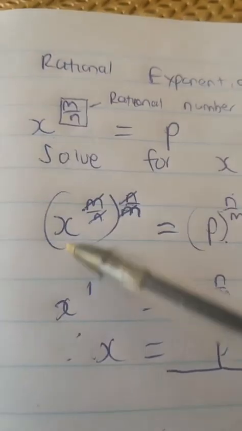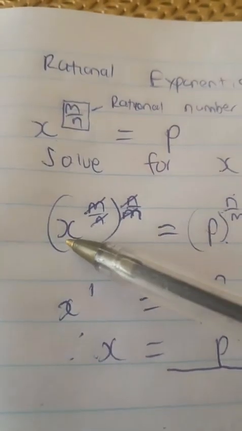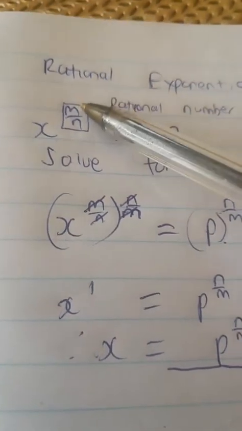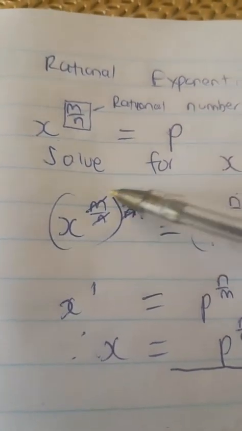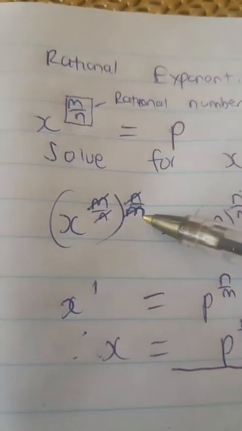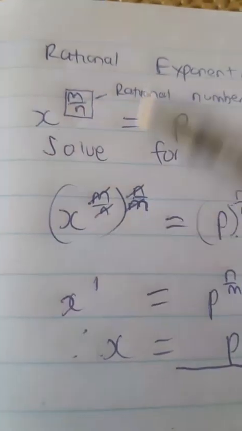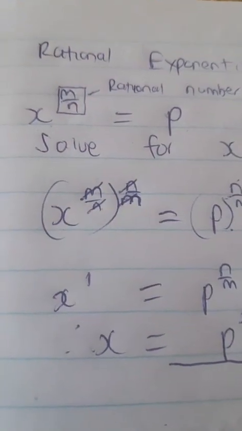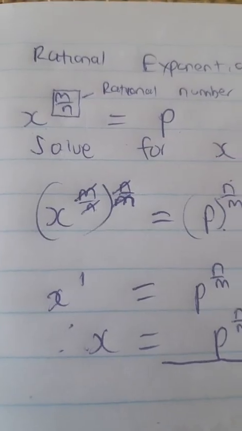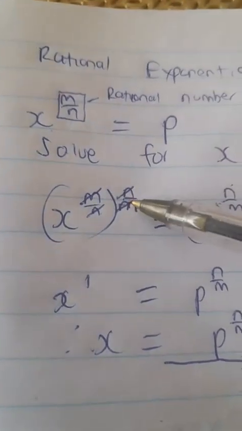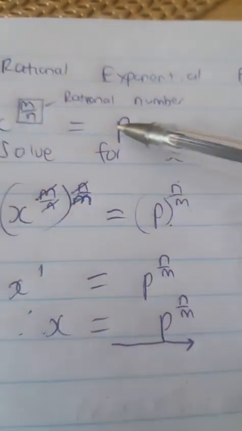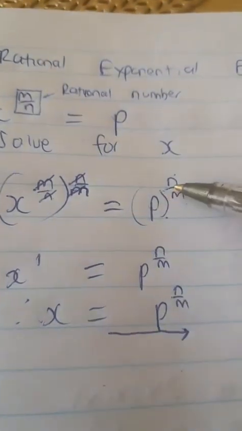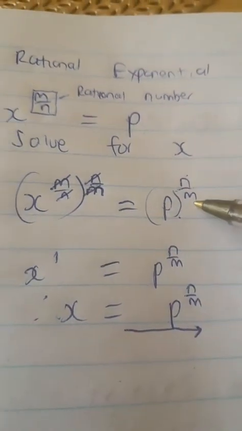We take the variable base x, raised to the power m over n, and we multiply the rational exponent by its reciprocal, n over m. It's like you are twisting the numerator for the denominator, for the numerator, you multiply by that. And then what you do on the left, you must do where? On the right, which means p will also be raised to that reciprocal, n over m.